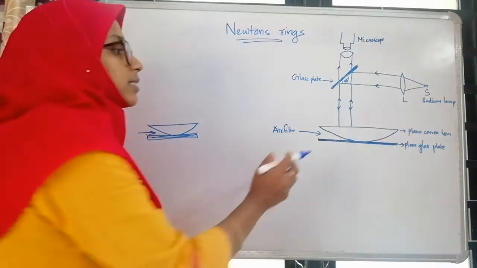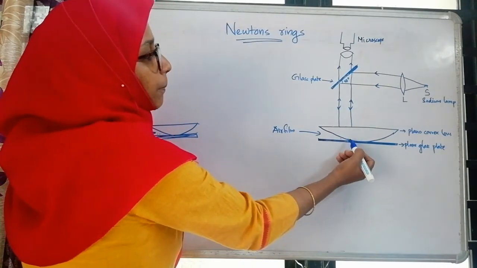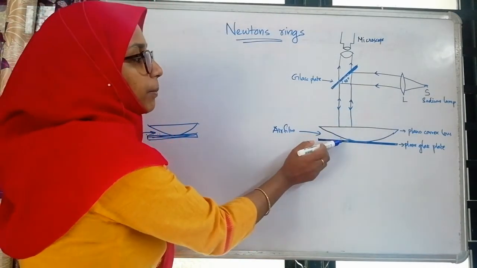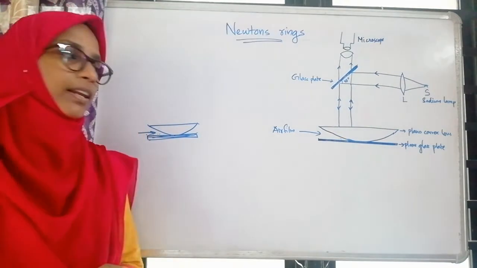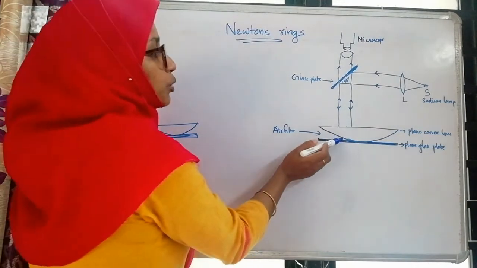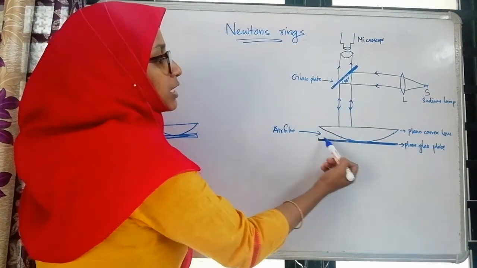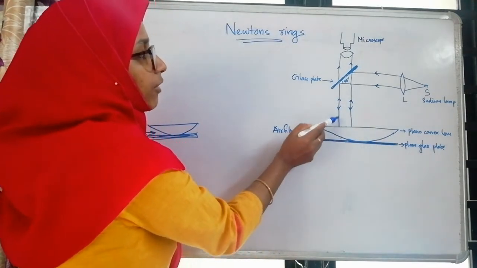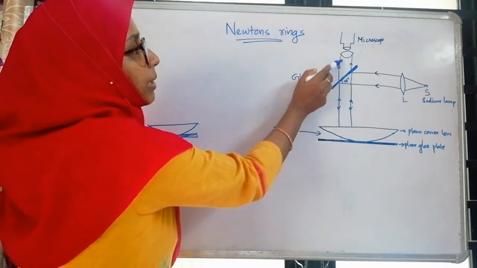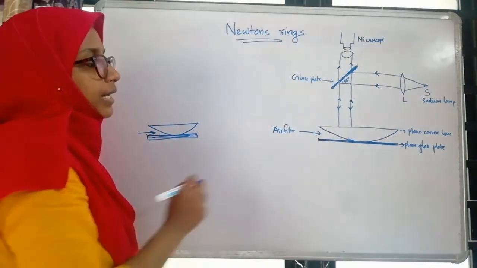That is, there is an air film in between this lens and plate, and the light will be reflected back from the upper and lower surfaces of the air film, and these two reflected lights will interfere to produce an interference pattern here, and this pattern will be reflected back like this, and it will be observed by a microscope.